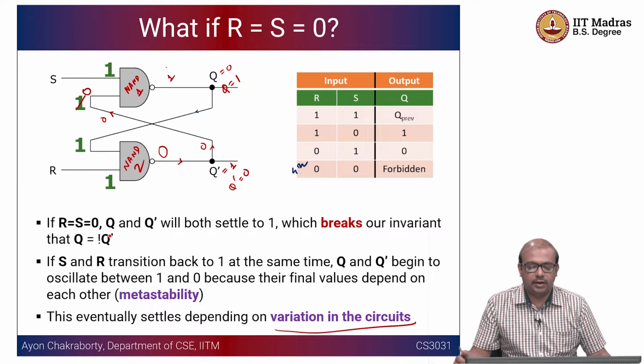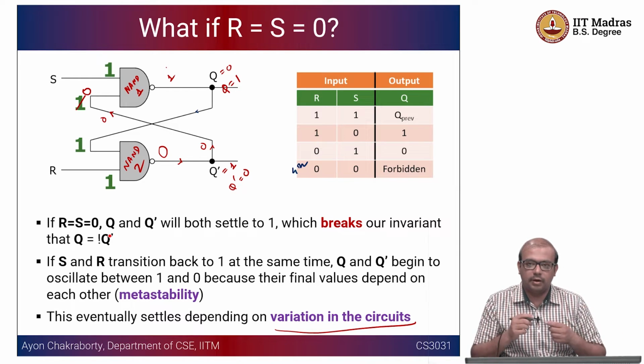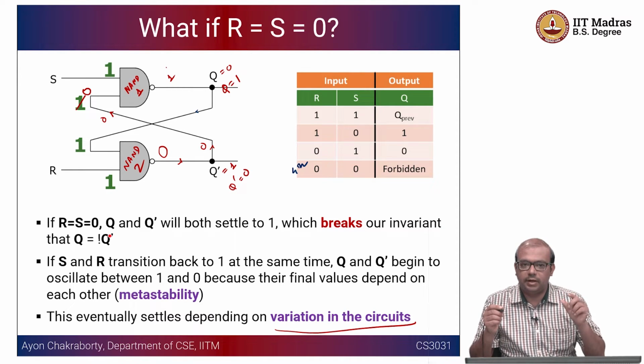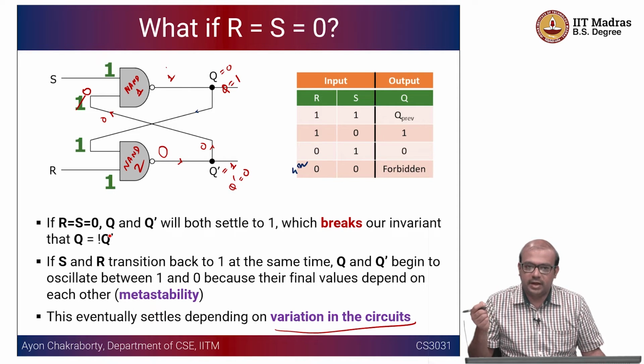So if the top NAND gate and the bottom NAND gate, these two NAND gates, have different propagation delays, which basically means how long does a signal take to get NANDed, right? Suppose you have A and B as an input to the NAND gate, and your output is A dot B whole bar.